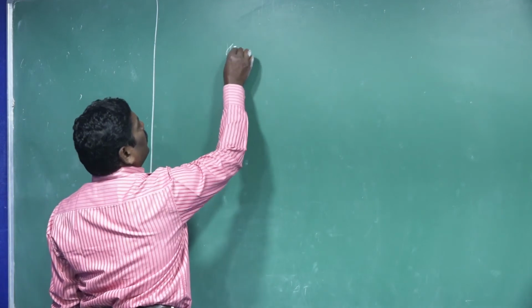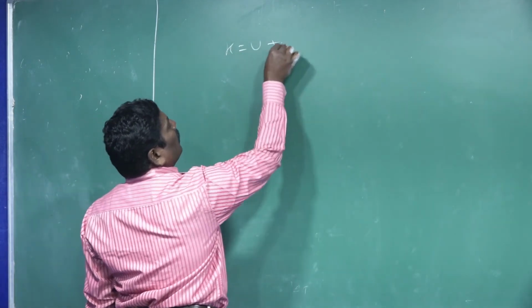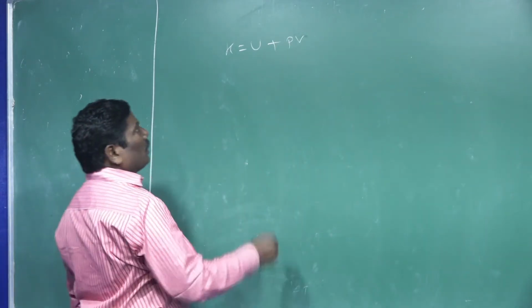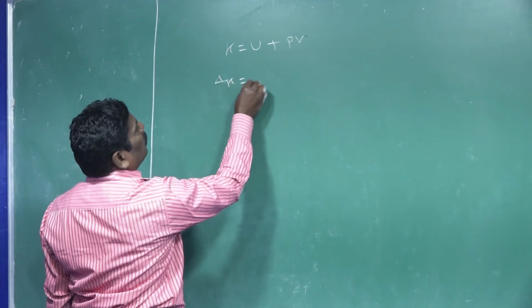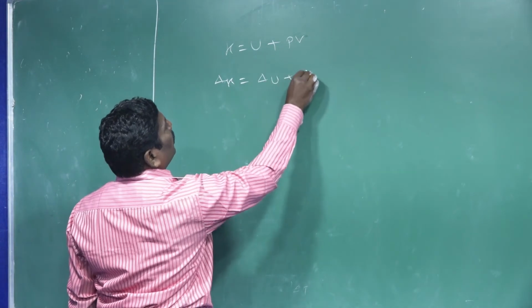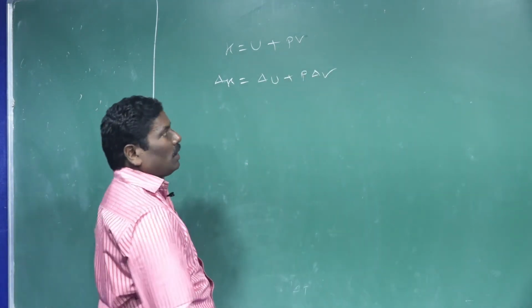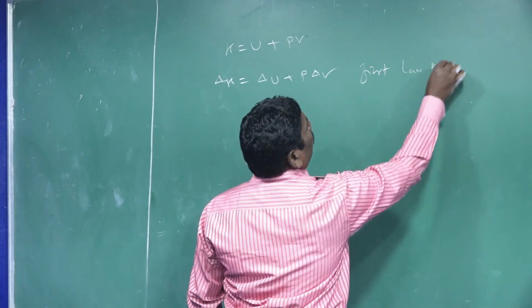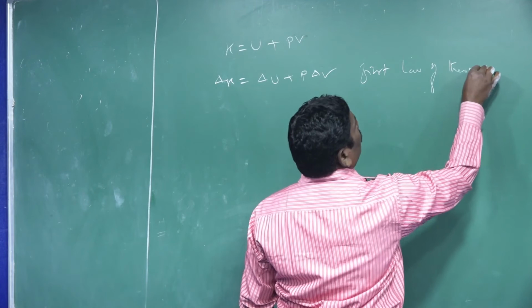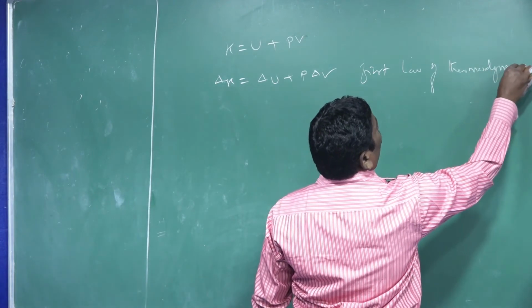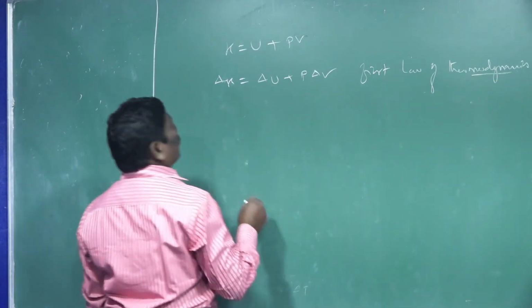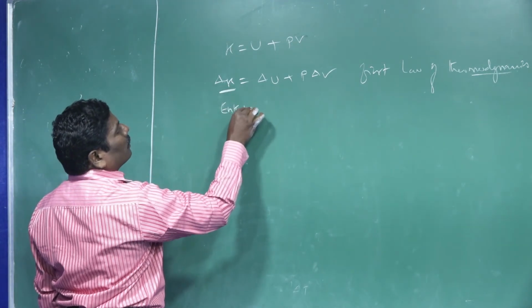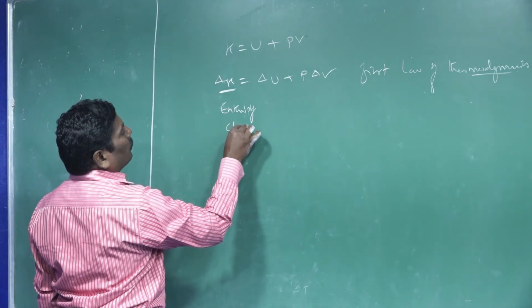H is equal to U plus PV is the formula. You know that. You can write delta H is equal to delta U plus P delta V. This is a formula. This is also the first law of thermodynamics. Delta H is nothing but enthalpy change.